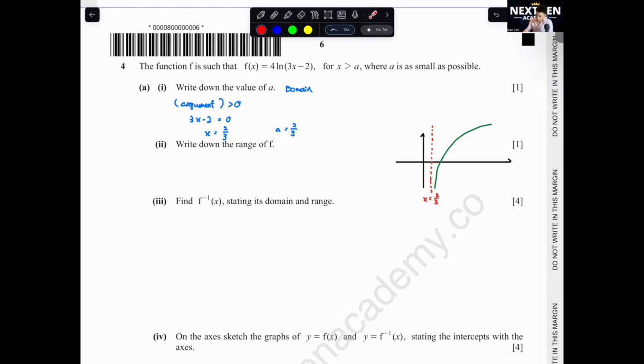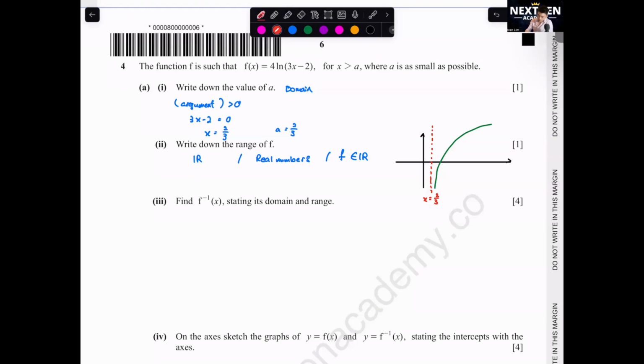So the range will be from negative infinity to positive infinity, which is all real numbers. We can just write real numbers, or all real numbers. Normally we will use that symbol. Or you can write like this also: f is R.